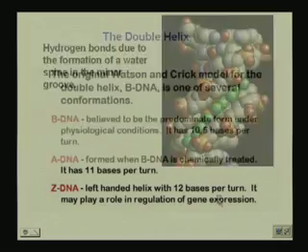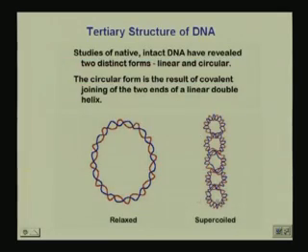If the 2 ends are covalently joined together, and we chop this up, we get a linear form. So, when we have a covalent joining of the two ends of a linear double helix, we obviously get a circular helix. Now, the circular helix remains in two forms.